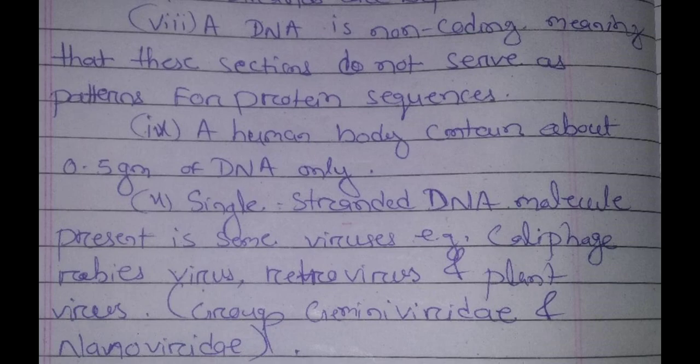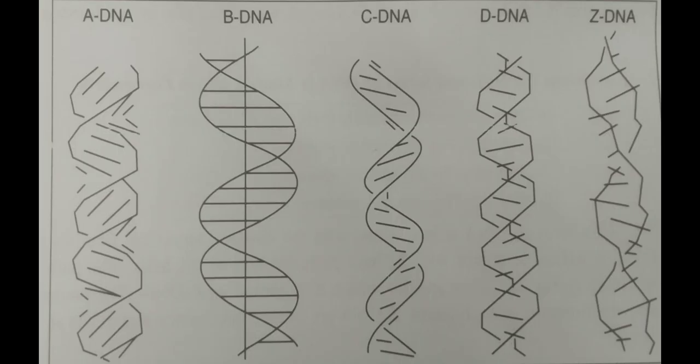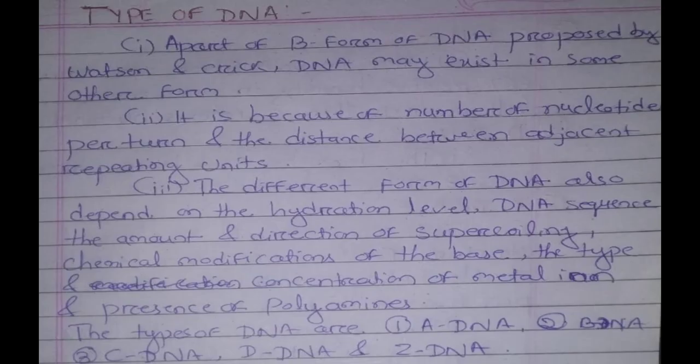Then the types of DNA. There are 5 types of DNA present, that is A DNA, B DNA, C DNA, D DNA and Z DNA. Apart from B DNA of DNA proposed by Watson and Crick, DNA may exist in some other forms. It is because of the number of nucleotides per turn and the distance between adjacent repeating units.